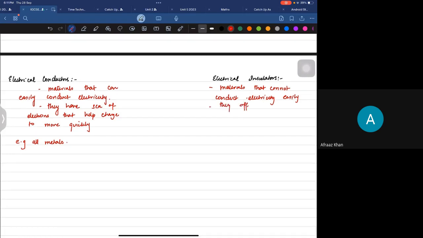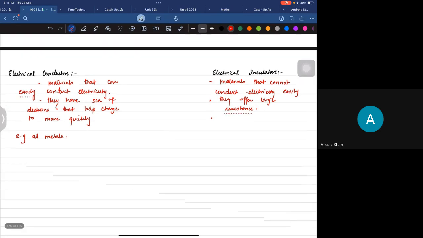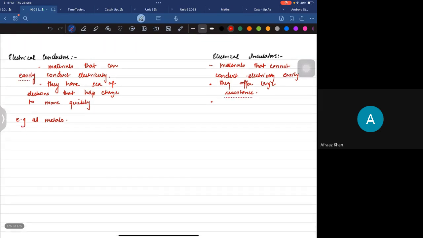They offer large resistance. And also, I want to tell you this very important part, that they do not have free electrons.